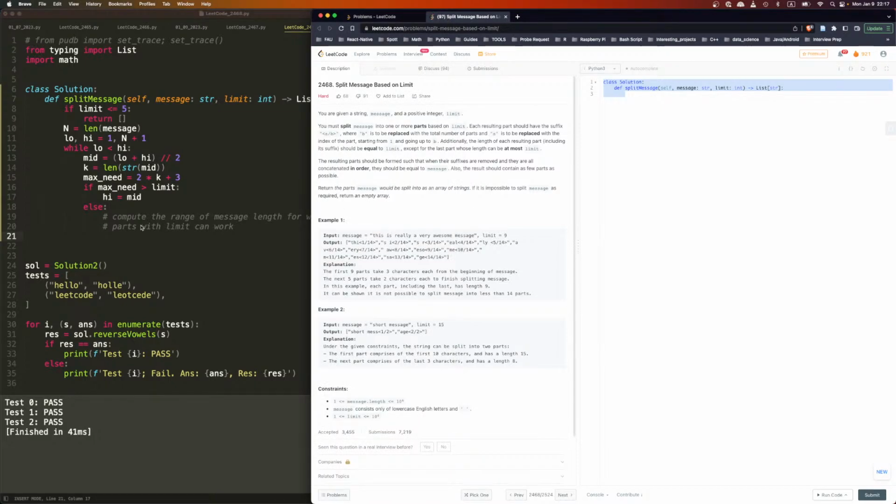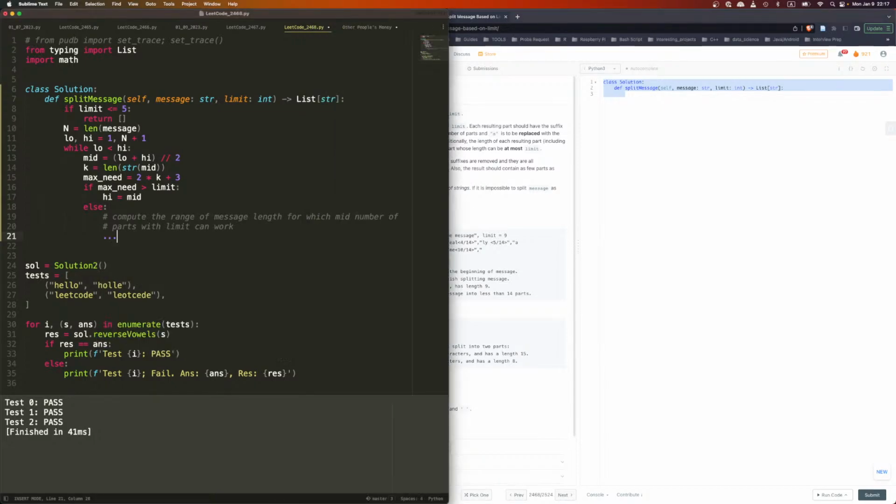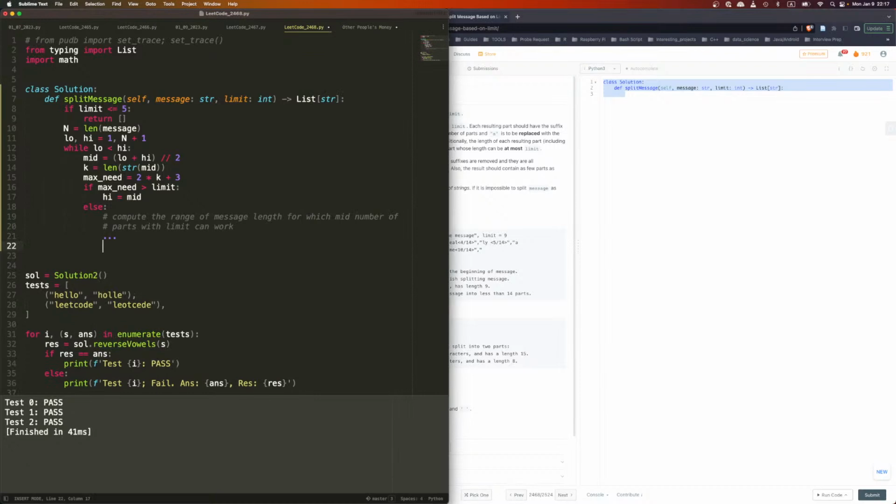Okay, to compute this, we'll compute it and eventually we'll get the range, right? The range will be range left. So we say if range left is smaller than or equal to n, which is smaller than or equal to range right.